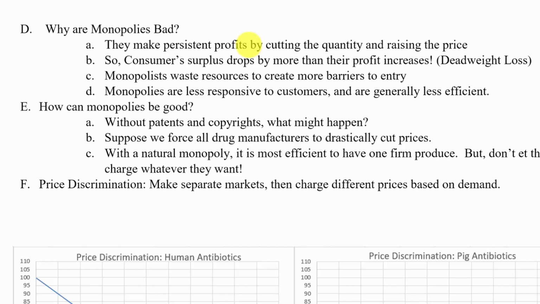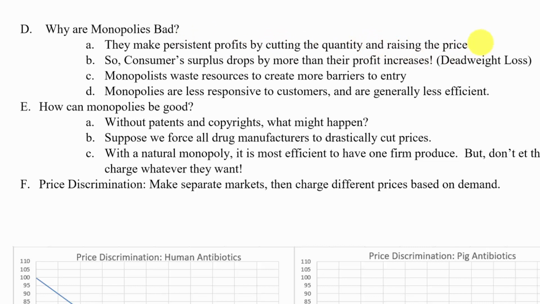It's causing deadweight loss. And because there's got to be some barrier keeping firms out, they're going to be making these profits forever and creating inefficiencies forever. And again, it's not the profit that we don't like. It's the fact that they're getting that profit by cutting the quantity and by raising the price and creating that deadweight loss.